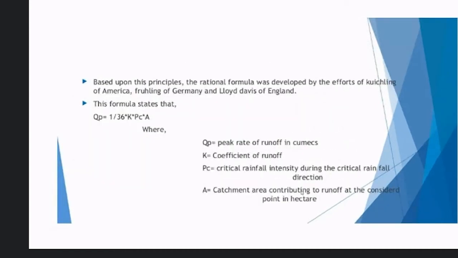Based upon these principles, the rational formula was developed by the efforts of Americans.